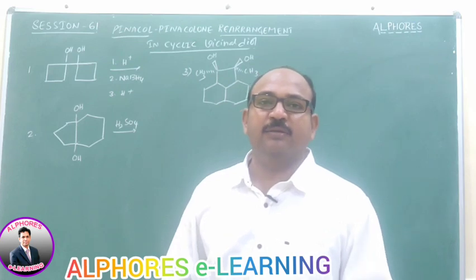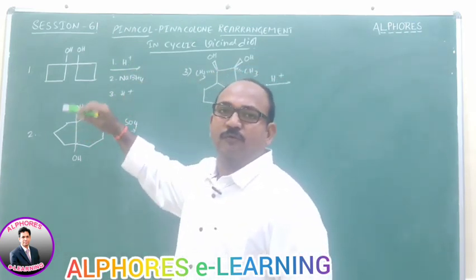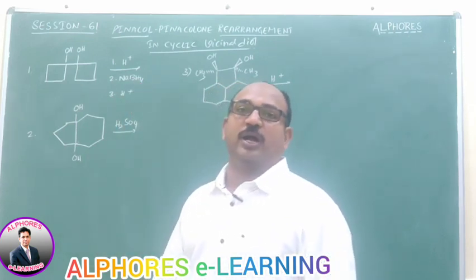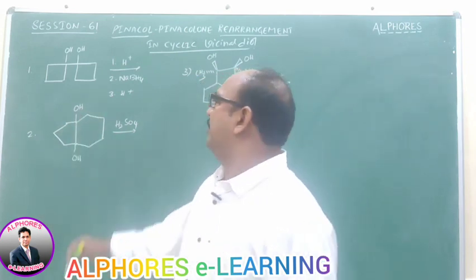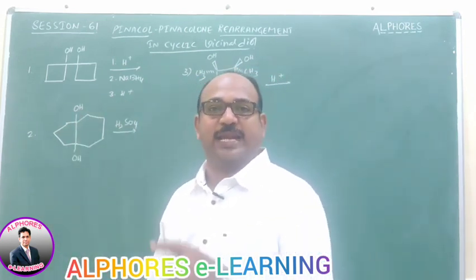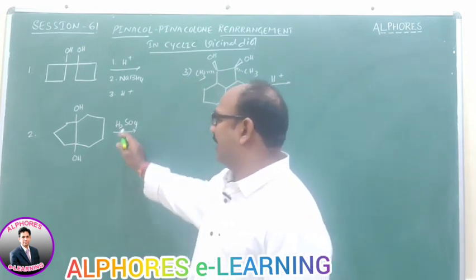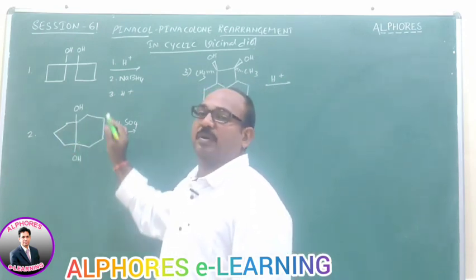The 4-membered ring containing vicinal diols, upon acidification, first pinacol rearrangement, followed by sodium borohydride, we get a ketone, that ketone is reduced to alcohol, which upon further acidification gives rearrangement again. What product do we get? And in the second example, one is a 5-membered ring and another is a 6-membered ring.